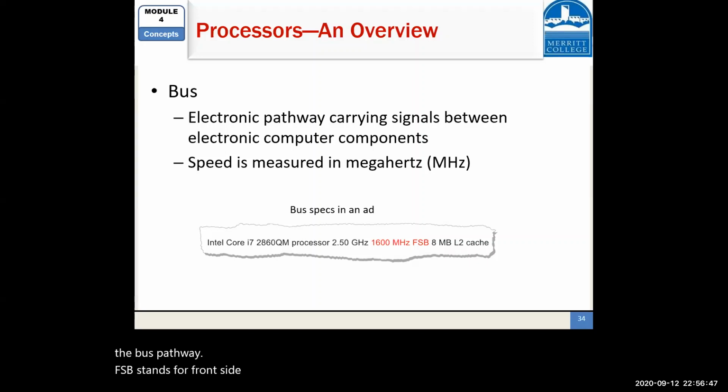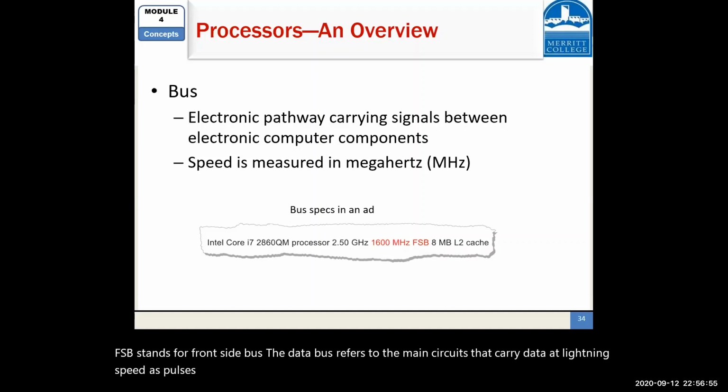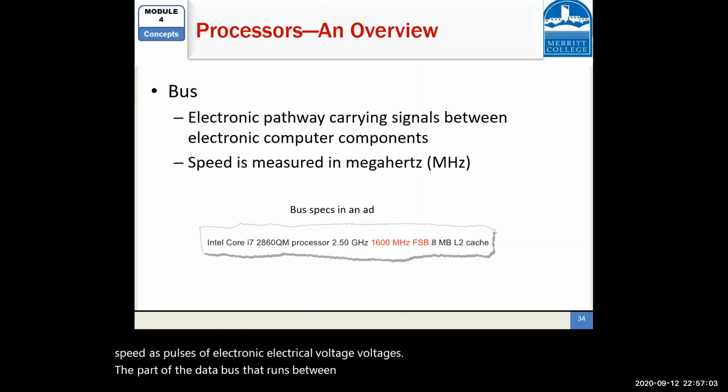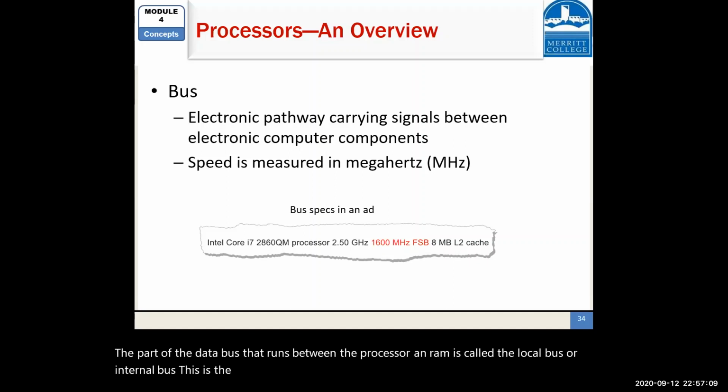The data bus refers to the main circuits that carry data at lightning speed as pulses of electrical voltages. The part of the data bus that runs between the processor and RAM is called the local bus or internal bus. This is the fastest part of the data bus because it has to keep up with the data demands of the processor.